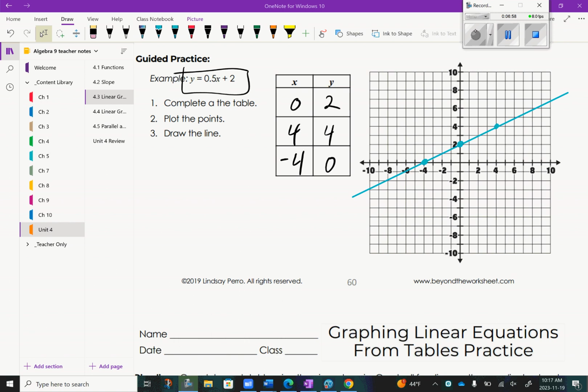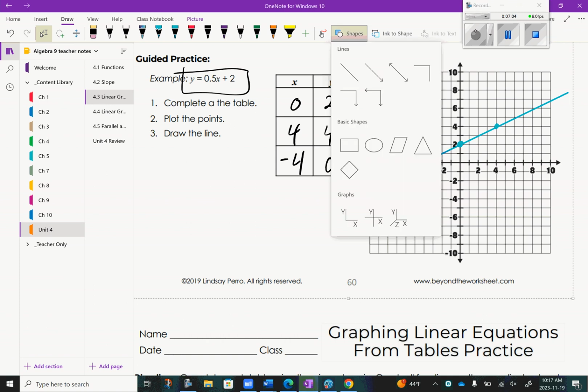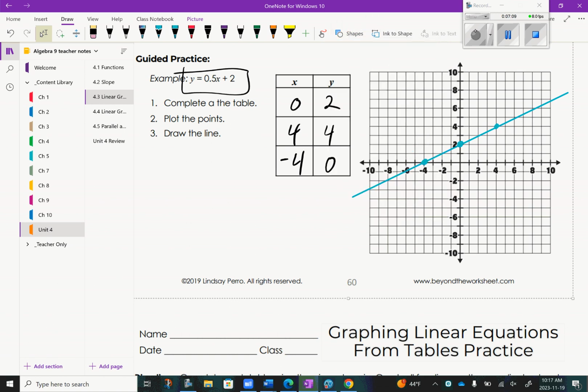Now here's another place where OneNote frustrates me, because the shapes tool that you could use up here looks like, oh, that would be a lot. No, it tries to snap it to a grid instead of letting you just draw the line wherever you want, and I usually have to fight with it.